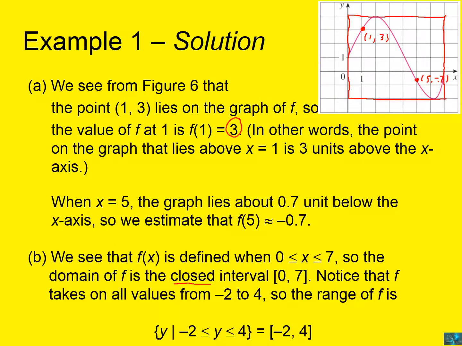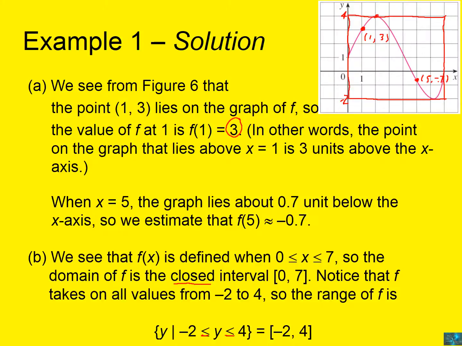Notice that f takes on all values from -2 to 4. So the range of f is the set of all y such that y is between -2 and 4 inclusive. That is the closed interval, -2 to 4.